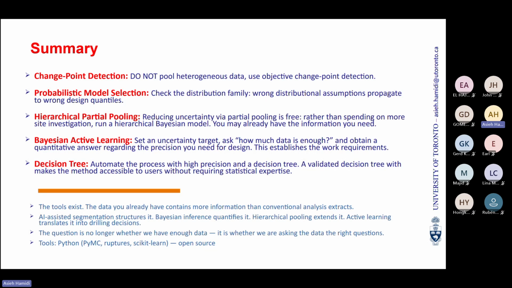We need to appreciate hierarchical partial pooling, because we need to break down our model and be more precise at different stages of our projects. And that's how Bayesian active learning works. We set an uncertainty, and we can ask how much data is enough and test if it is really enough, or we can indicate that it is critical to obtain more data, or that probably you don't need to because you already have the information in your database without doing anything further.